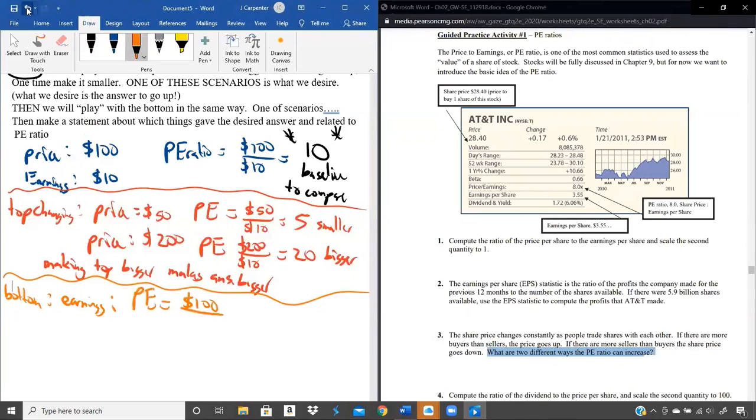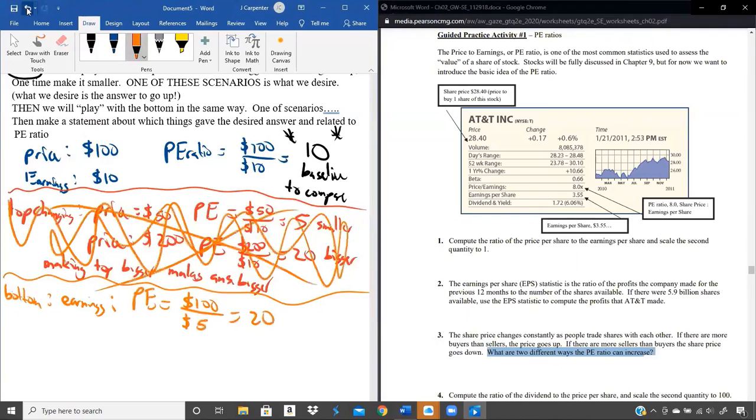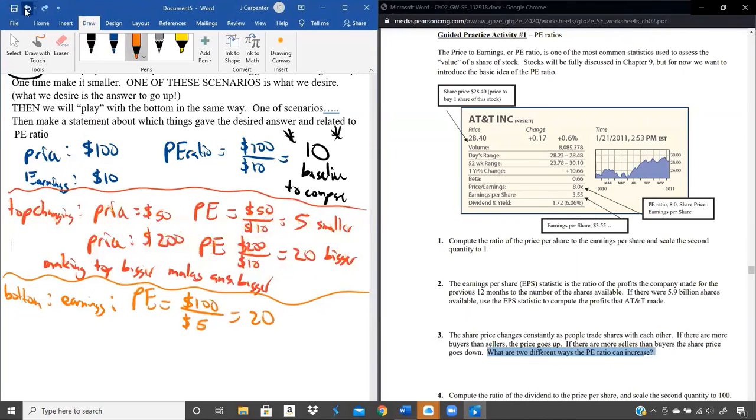That will not change in either scenario. Now one time, let's make the earnings smaller. Let's go from 10 to say 5. I'm just picking numbers that I know will divide evenly and quickly. 100 divided by 5 is 20. Now again, we're not looking at any of the red ink. You're ignoring that. You're just comparing the 20 to the baseline of 10. Is it bigger or is it smaller? Well, it's bigger, obviously.